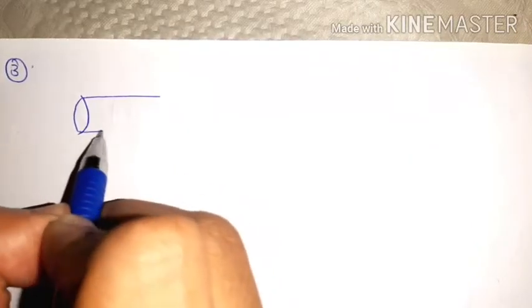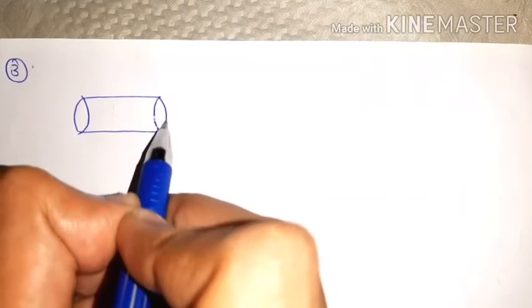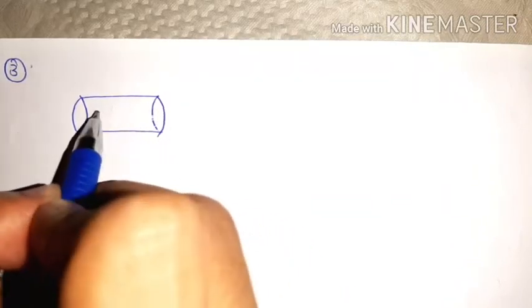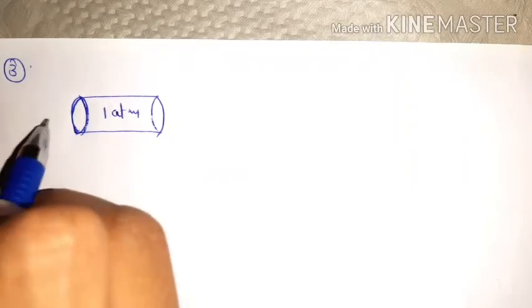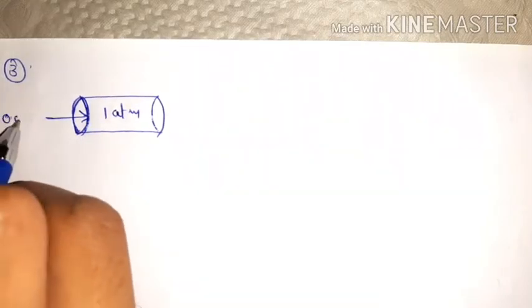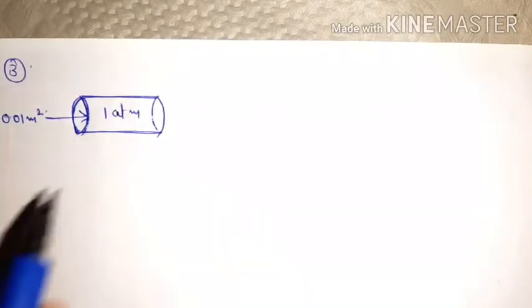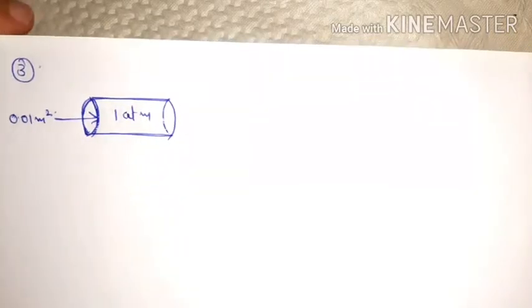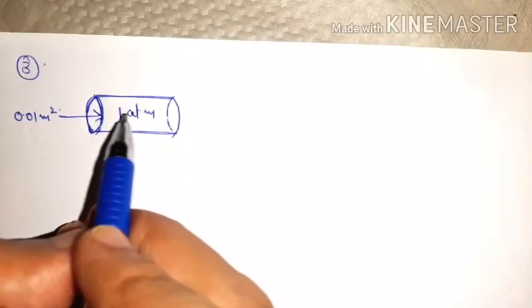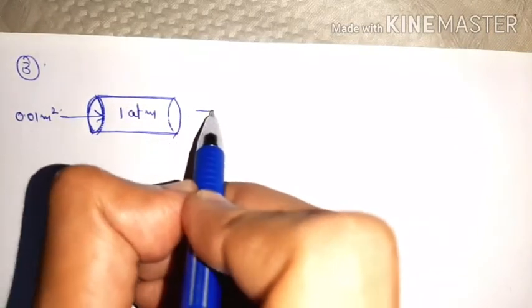Okay, now friends, according to our question, we have a cylindrical box of this type. The inner pressure is 1 standard atmospheric pressure, and this is a lid, and the area of this lid is 0.01 meter square. It is in normal condition and it is placed in vacuum.